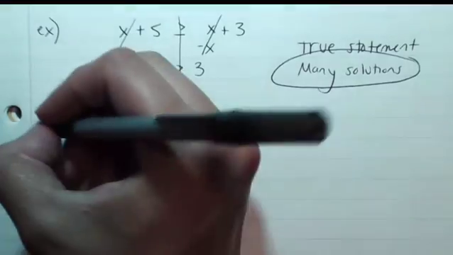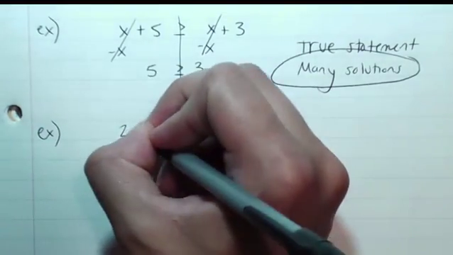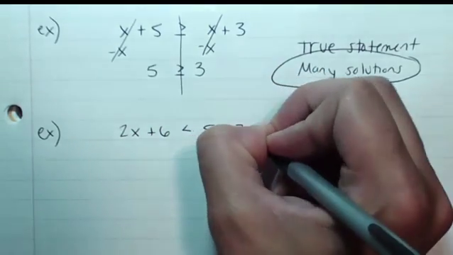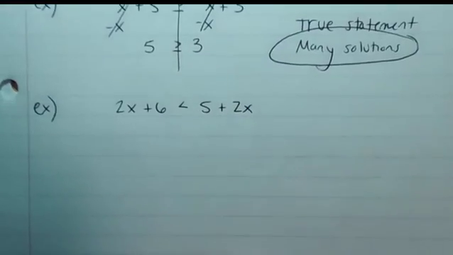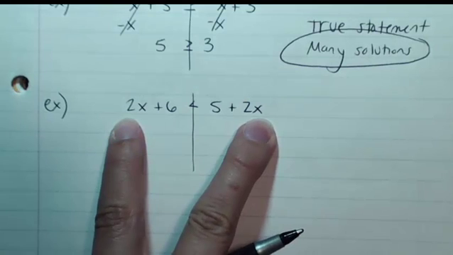Something that would look like a no solution would be this. 2x plus 6 is less than 5 plus 2x. See, if you notice, the variables are the same on both sides, which means they're going to cancel out.